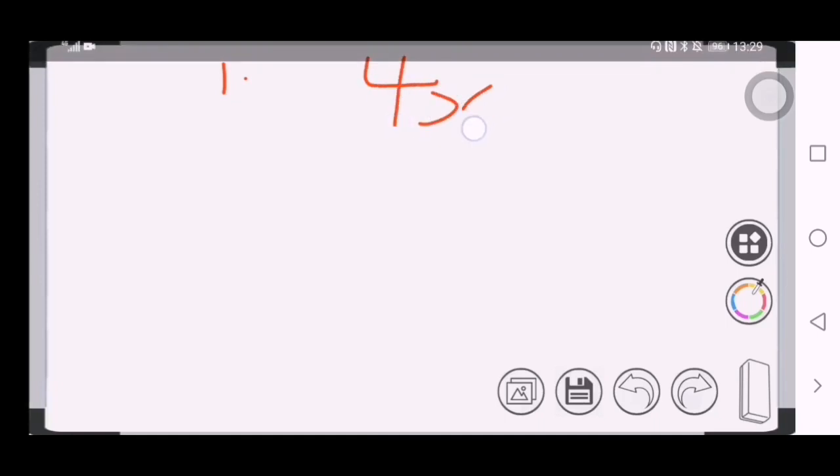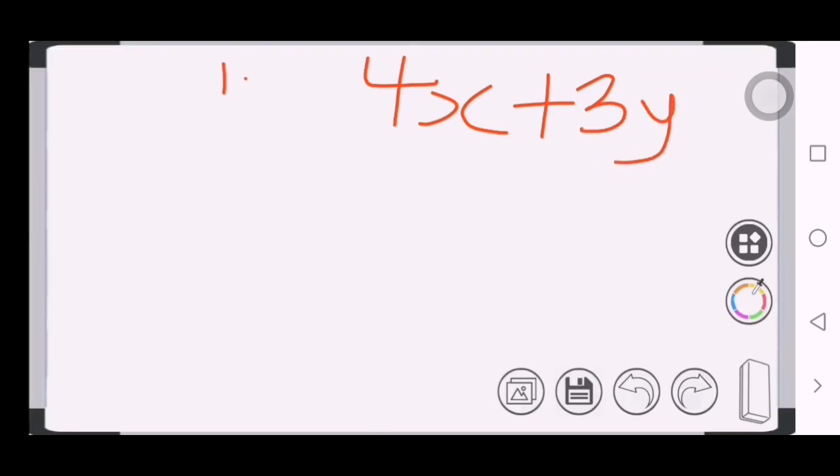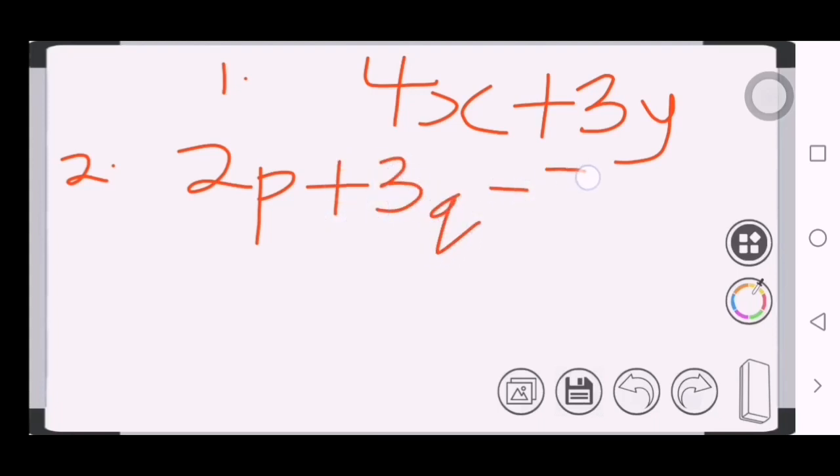Now, it is your turn to work out the number of terms in the following. Our number 1, we have 4x plus 3y. Our number 2, we have 2p plus 3q minus 7.